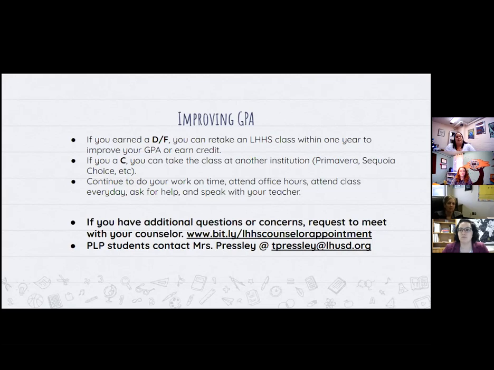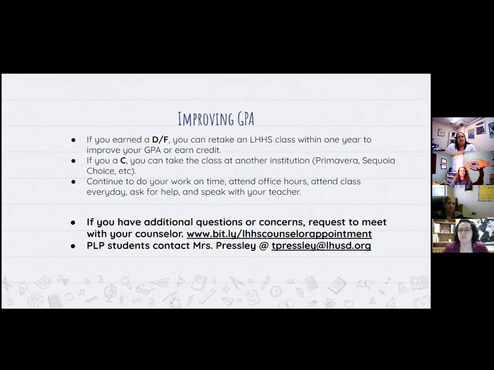But for D's and F's, they have to be completed within 1 year. So if you failed freshman English first semester, you would have to take it again your next year in that first semester. You can't wait until your senior year to retake your freshman English class if you earned either a D or an F. It would have to be that very next year.